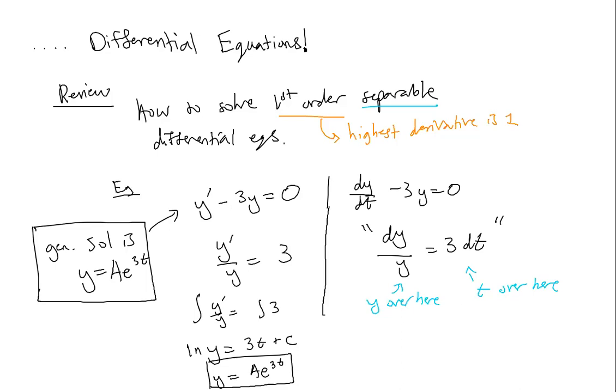Okay. Maybe something that's not separable. What if we have, for example, a second order differential equation, I mean? That would be not separable. So for example, something like a y double prime plus b y prime plus c y equals 0.